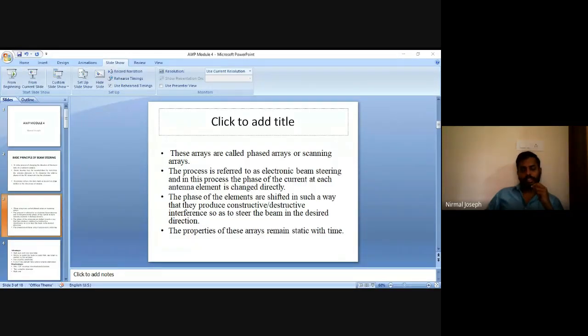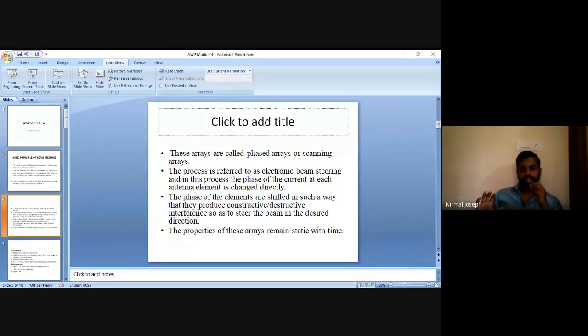So what will be the result? The result will be the addition of both, or we can say that they are interfering constructively. This is the basic difference between destructive interference and constructive interference.